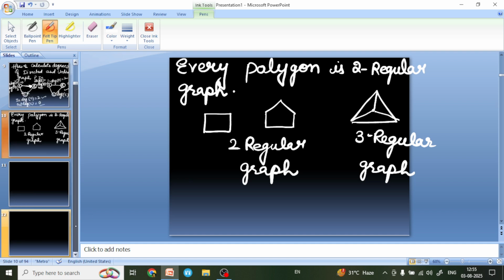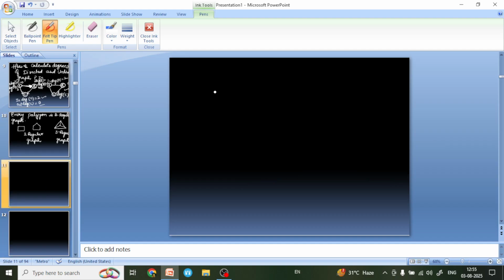Now I am going to discuss special names for graphs, like Kn, Km,n, Cn, Pn. Kn means the complete graph on n vertices. K means complete.